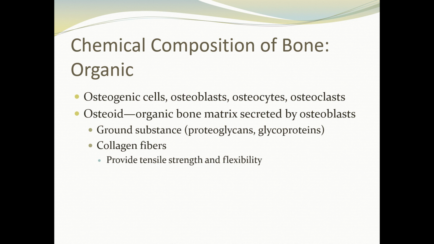The osteoid is going to be the organic bone matrix secreted by osteoblasts. And this will include proteins, which will, of course, have those carbon and hydrogen bonds. So the ground substance will have proteoglycans, proteins and sugars, and then glycoproteins, which is another arrangement of proteins and sugars. And of course, collagen fiber.